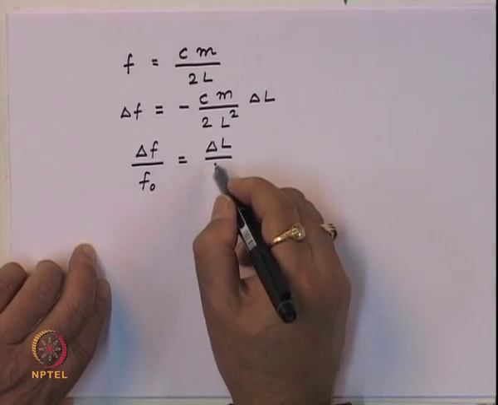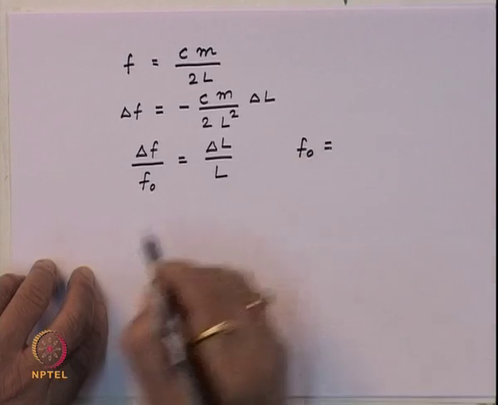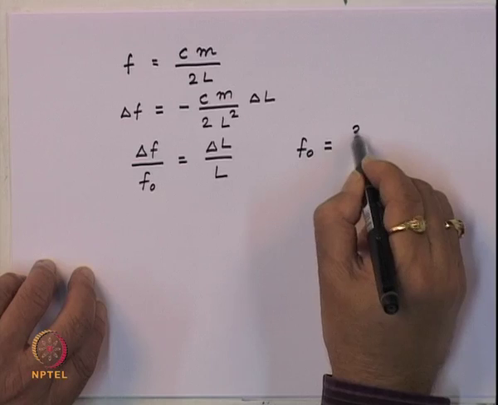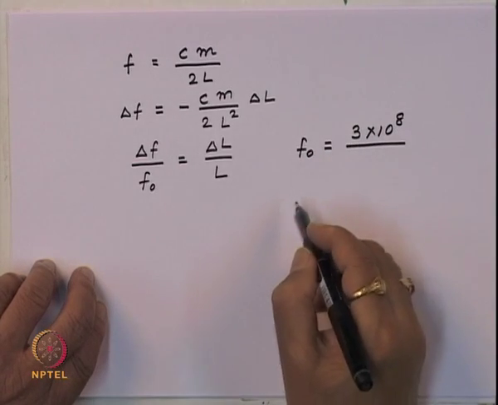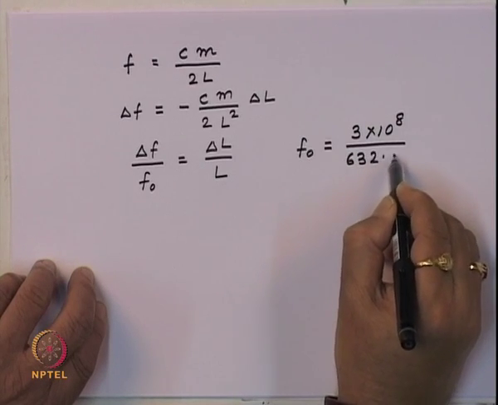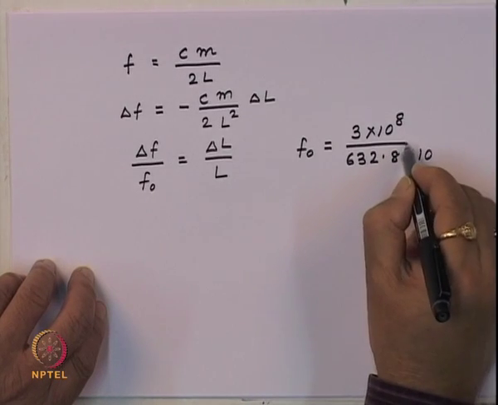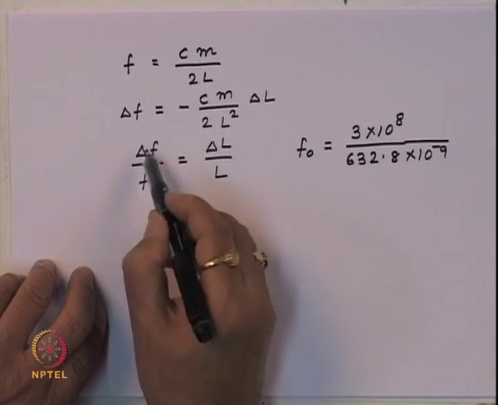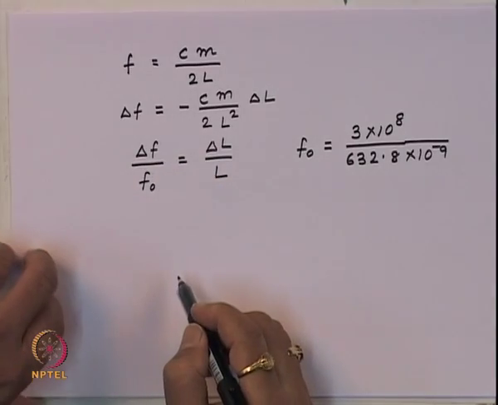And the center frequency of the laser, f naught, can be calculated, because we know the wavelength of the helium neon laser. So, it is 3 into 10 to the power 8, the velocity of light, divided by the wavelength of helium neon, which is 632.8 nanometer, that is 10 to the power minus 9. And we are given that the stability has to be better than 10 to the power 8 hertz.